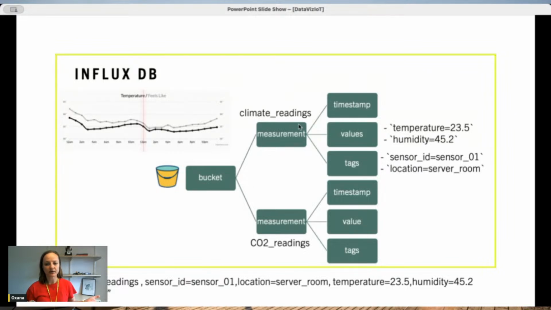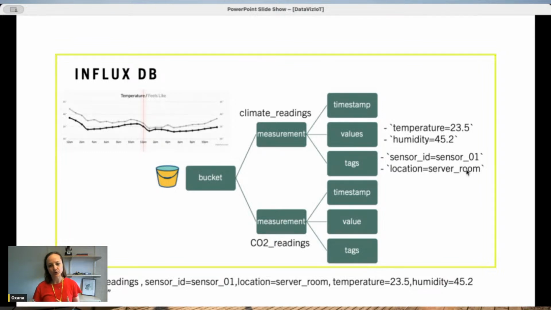So if we have some kind of climate sensor, let's call it that, we have temperature and humidity, and you can also add tags, so additional information. So instead of, you recall this tabular data that I was talking about, instead of creating some kind of table that has sensor 1, location, column this, and so on, you will mark instead every reading from that sensor with a certain ID and a certain location.